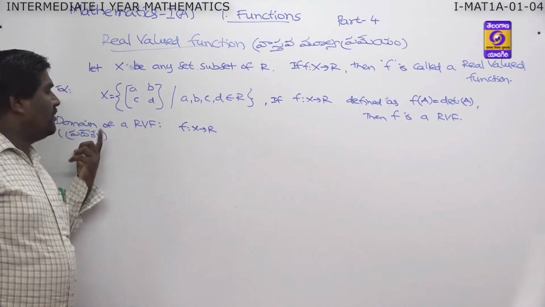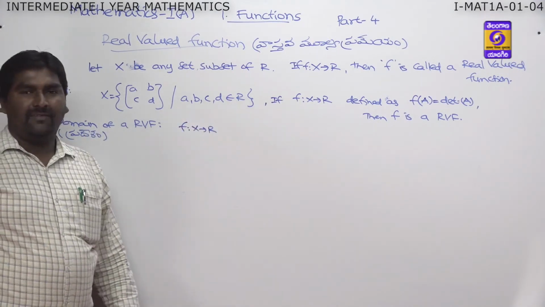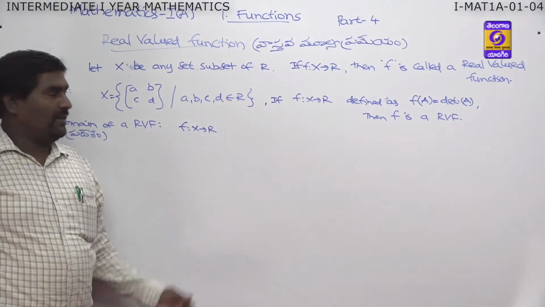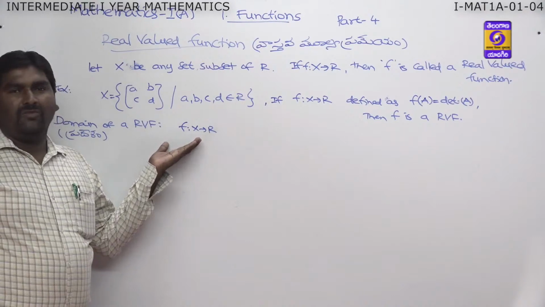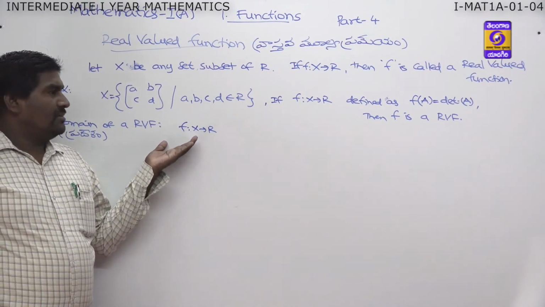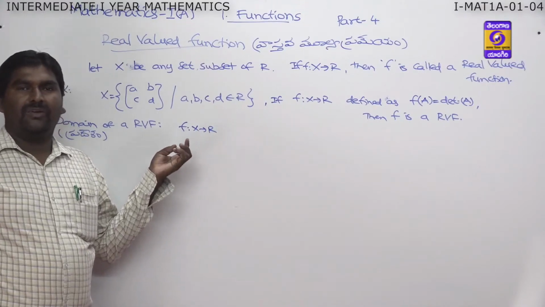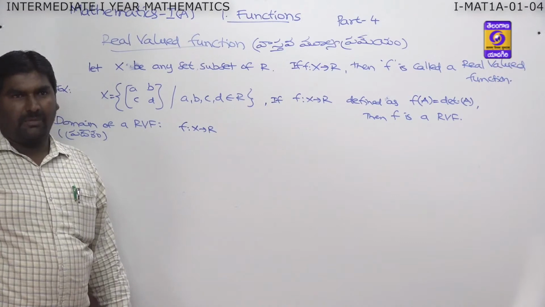Now what about the domain of that function which is real value function? ఈ వాస్తవ మూల్య ప్రమేయానికి ప్రదేశము అనేది ఎట్లా నిర్వచిస్తాము అంటే, the domain of the real value function is to be taken as the set of real values of x for which the formula is meaningful. I am repeating.